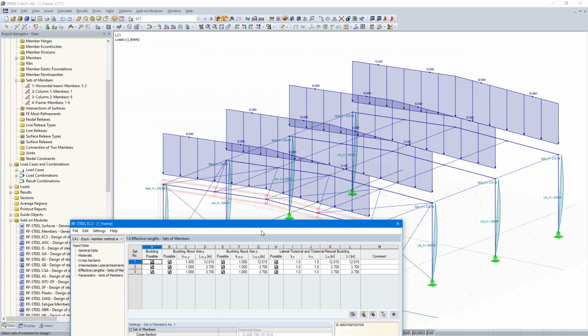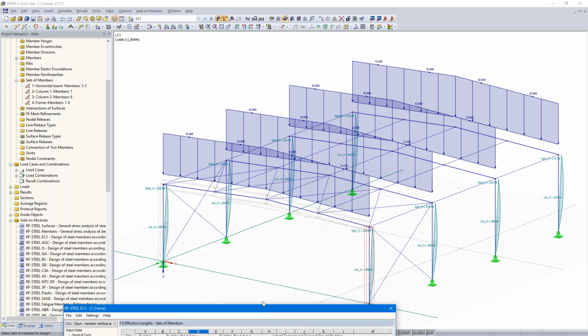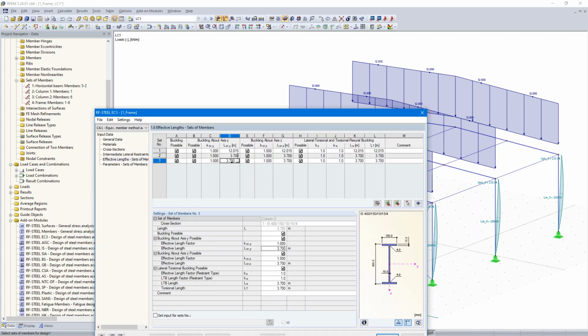Effective length. First line is the horizontal beam, and second line and third line the 2 columns. For the columns, I can leave the buckling length as the member length because I defined imperfections on them and calculate according to second order theory. Now, that's a valid rule. What I need to do is to define here another buckling length.